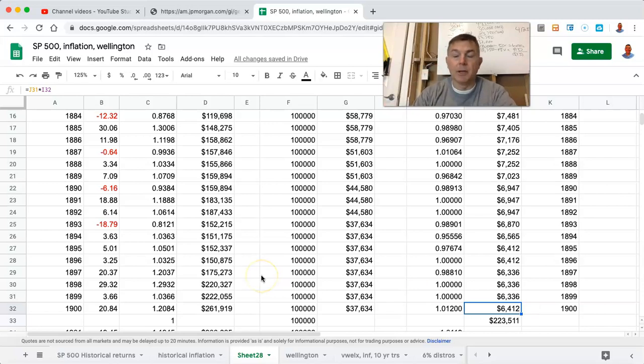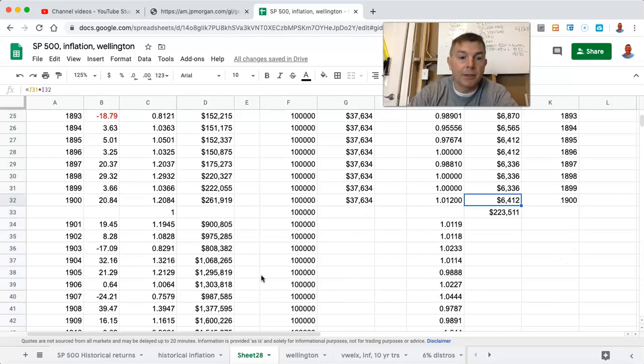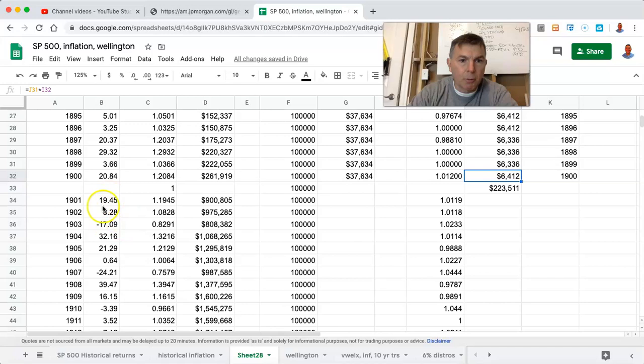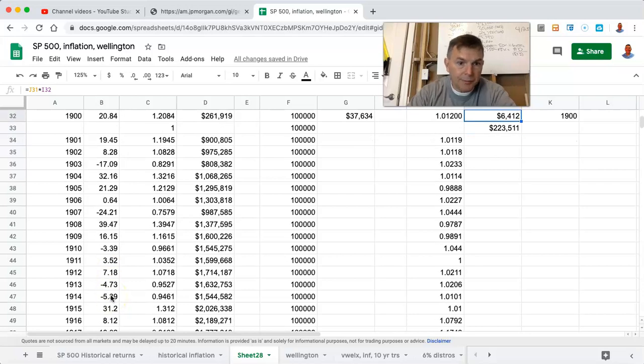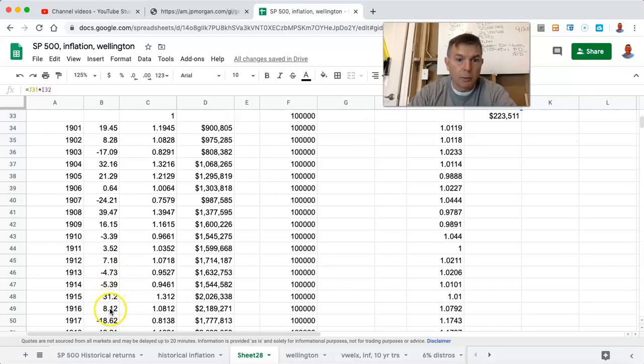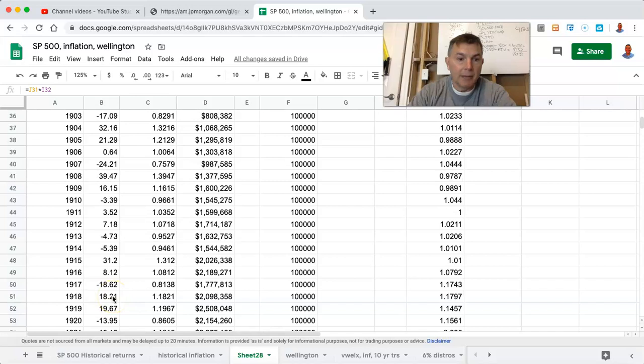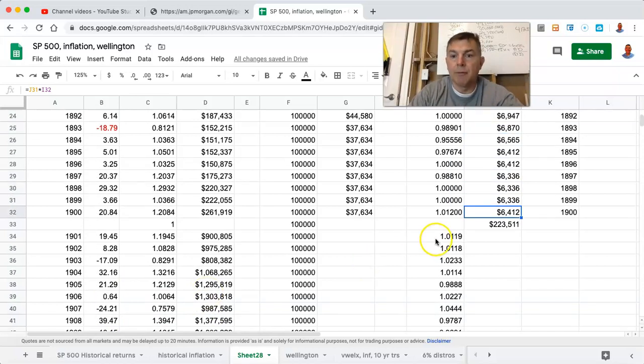I mean, without question. In the 1870s, we did fine, even though we had deflation. And then if you factor in going to Teddy Roosevelt's time, we would have done fine here too, up until about 1912. I mean, basically until World War I kicked in. We would have actually, even during World War I, look at that. Yeah, the next 20 years we would have done fine. Now we do have inflation.